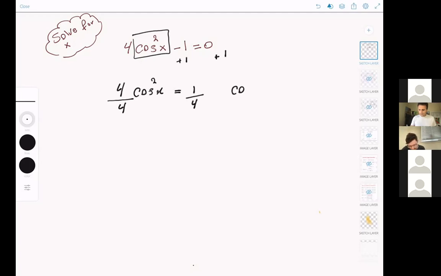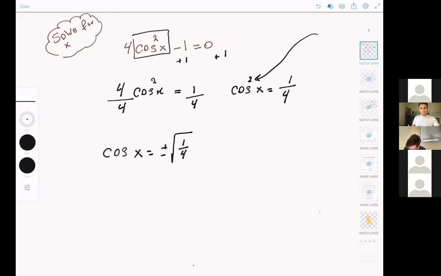We get cosine squared of x equal to 1 over 4. Now we need to get rid of this 2 by square rooting both sides. The cosine of x will be plus minus radical 1 over 4. This will be plus minus 1/2.